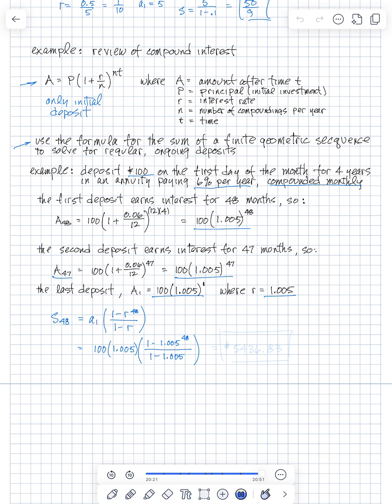And you put that in the calculator, and the total amount that you have after 48 months is $5,436.83. So this is with depositing $100 a month for 48 months. That's how much you have in your account. All right, so that's it for 9.3.